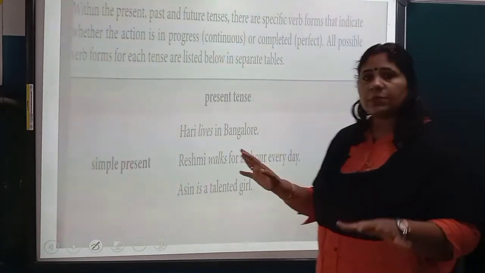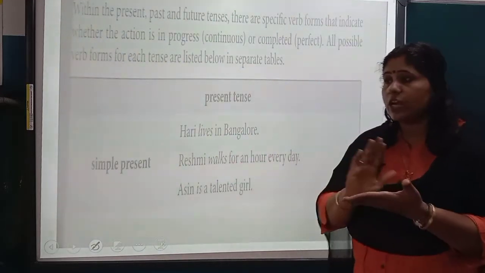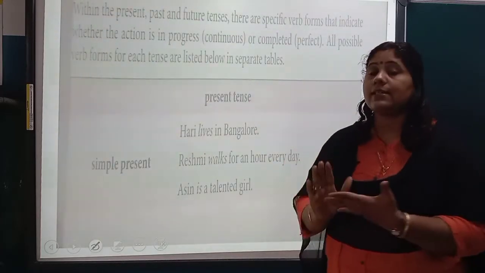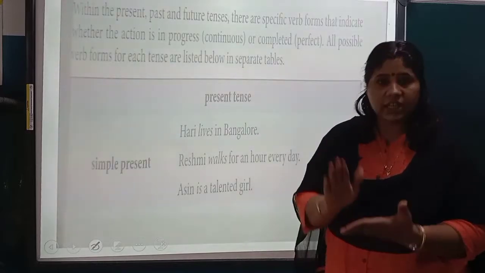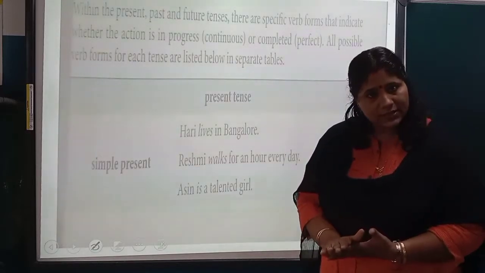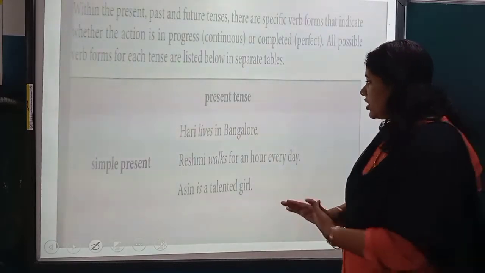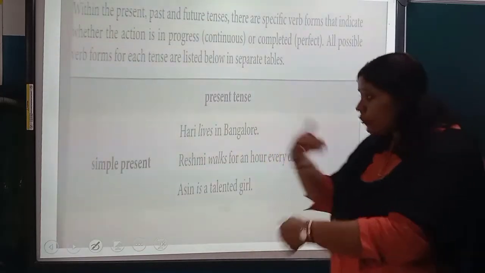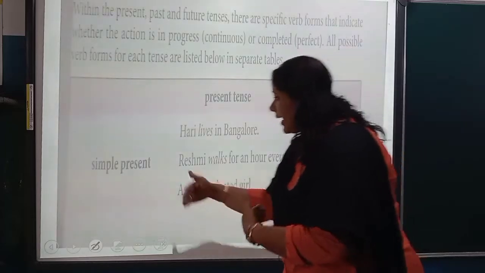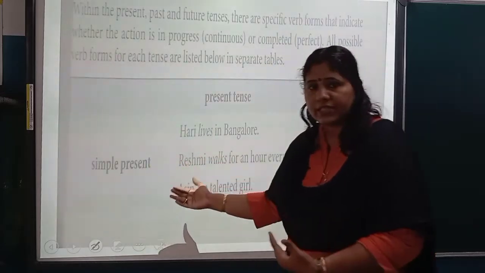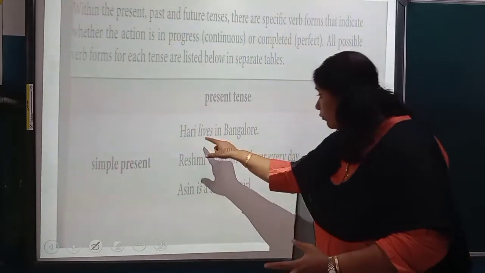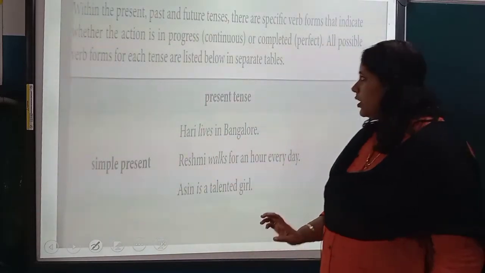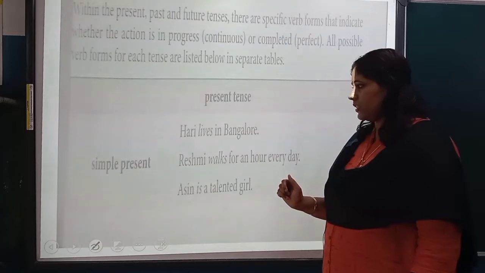So in this chapter we are going to learn how to identify whether the given sentence is present tense or present continuous or past tense. Okay, so with the help of the examples, they have made you understand what all comes under simple present tense, what kind of verbs can be called simple present tense. So let's get started with the present tense first of all.